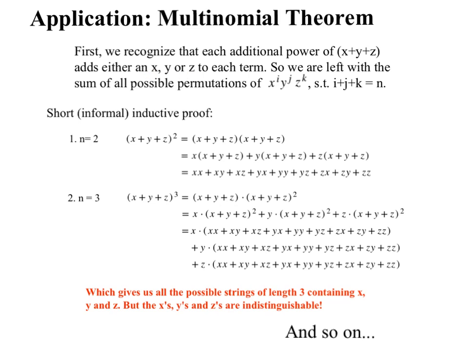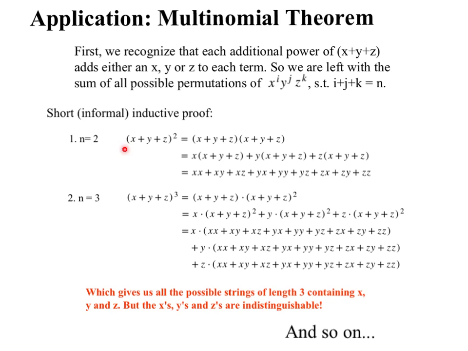And so what we're left with is a sum of all the possible permutations of x times y times z, such that the sum of the powers they're raised to is equal to n. So if we look at that very quickly, just to do the first two steps of an inductive proof in an intuitive and informal way.